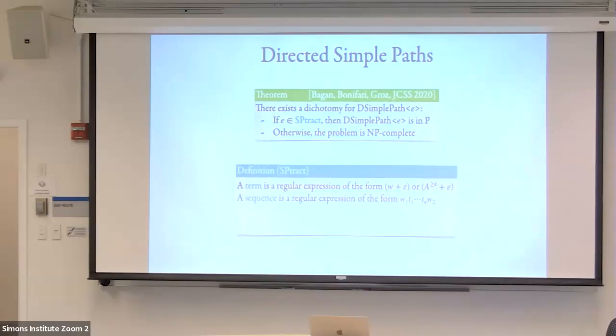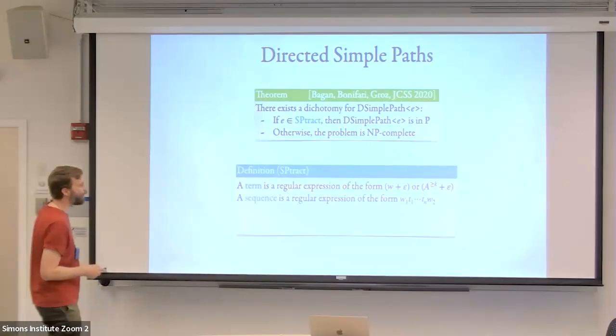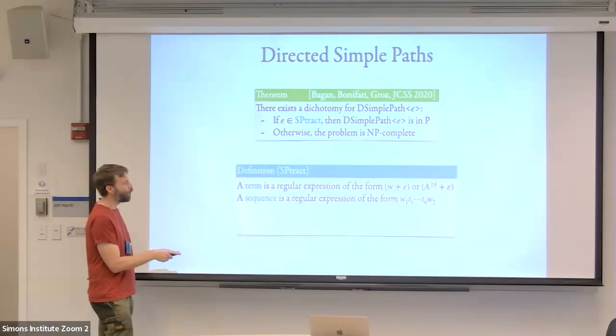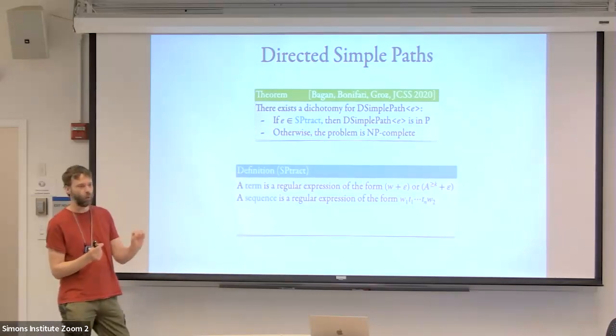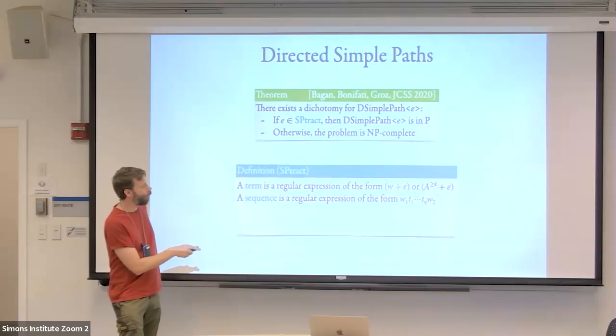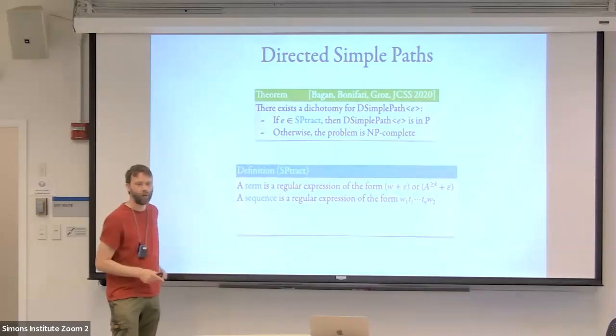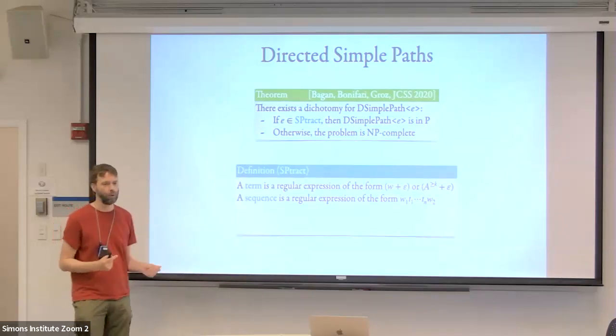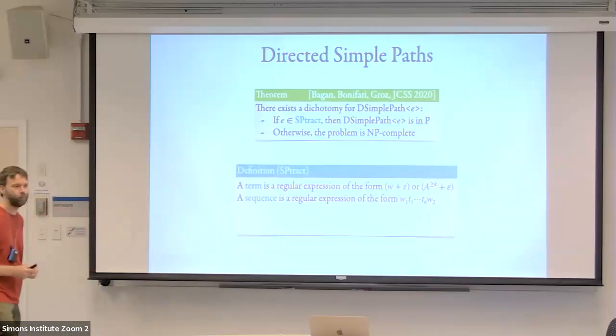And then you say that a sequence is a regular expression of this form. You start with some word, W1, then you have a whole bunch of terms, and then you end with some other fixed word, W2. So that's a sequence.